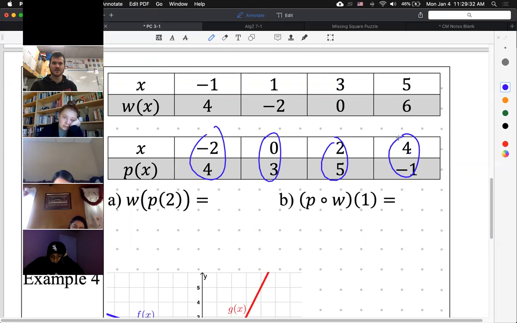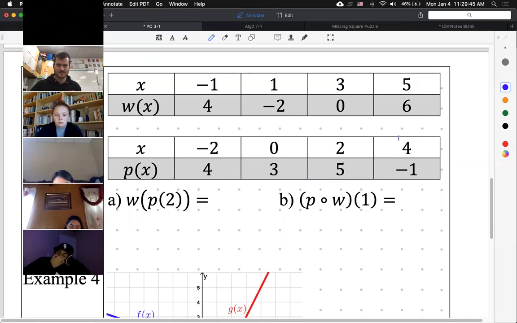Anyone aside from Beverly? When I plug in 2, what is my output? It's one of those 4 values. 5. It is indeed 5. Thank you, Jaden. But if I could get a hand next time, I'd really appreciate it.